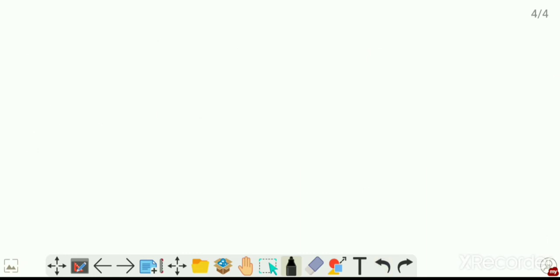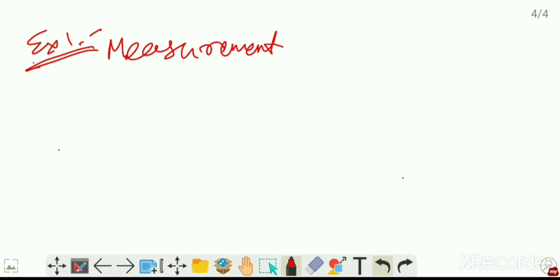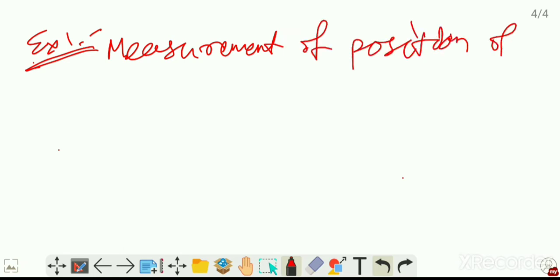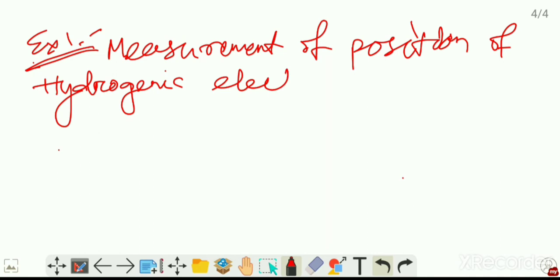Take an example: measurement of the position of a hydrogenic electron, that is, the position of an electron of a hydrogen atom.